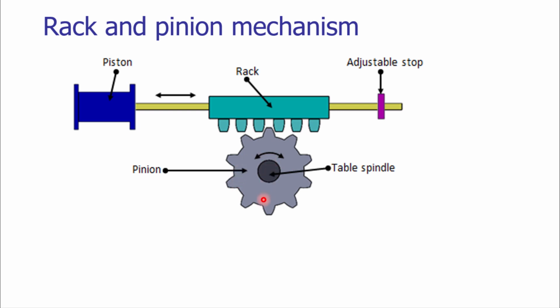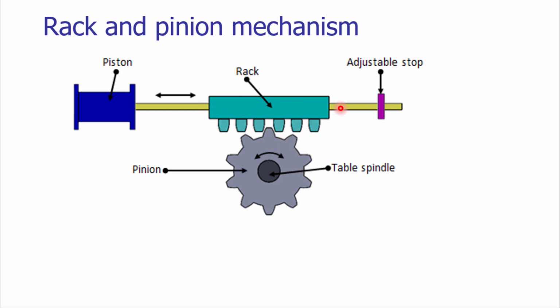So in this arrangement, we are also using an adjustable stop which will control the linear motion of the rack. This piston cylinder arrangement works based upon either hydraulic energy or pneumatic energy. We will be learning about hydraulics and pneumatics in coming weeks. As the piston is extending, as the piston is getting out from the cylinder, the rack will be pushed from left to right direction, and that will drive the pinion in clockwise direction.